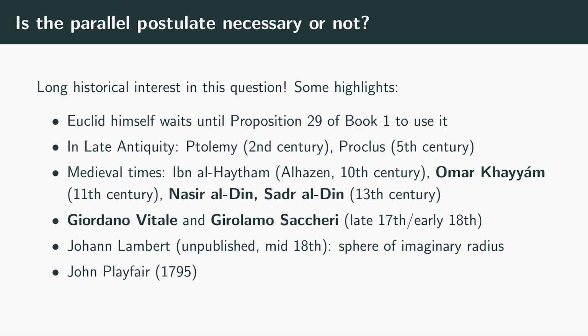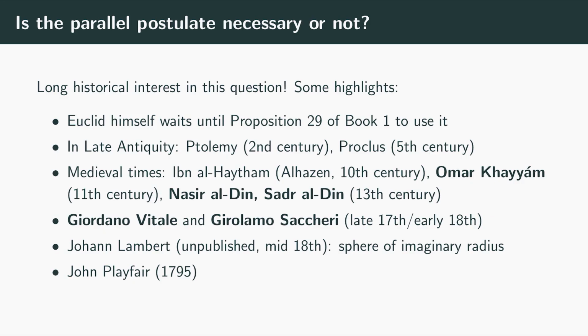Then this continued being of interest in late antiquity. Ptolemy in the 2nd century, I guess that's maybe not even late antiquity, and Proclus in the 5th century tried to prove the parallel postulate using the first four axioms. Then in medieval times, this was studied a lot by mostly Arab mathematicians.